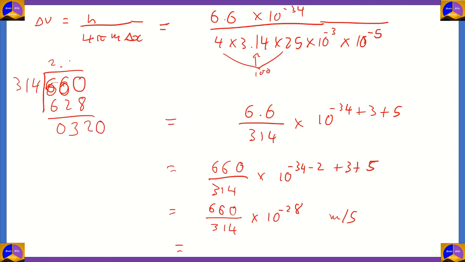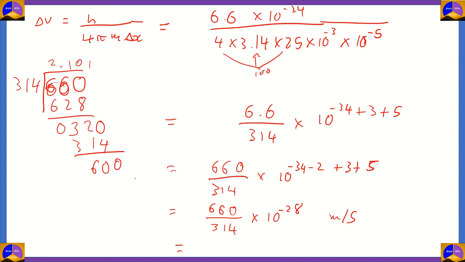So 314 times 1 is 314. That gives you 6. And if you were to write 0 again, you get 100. So then 2.101, and it goes on and on.